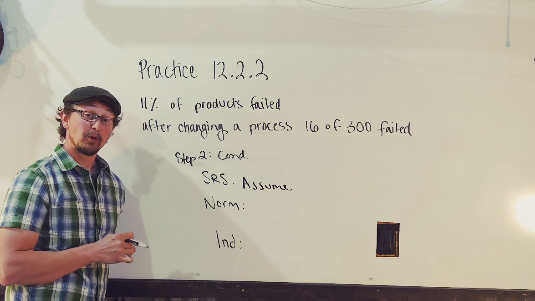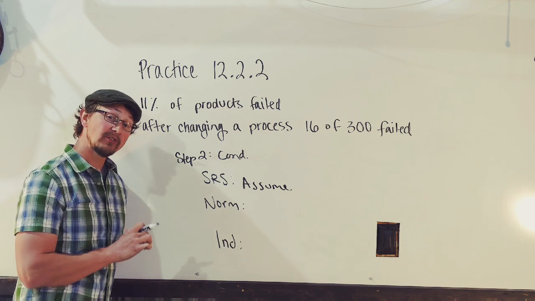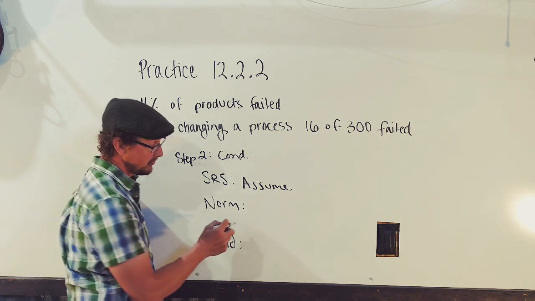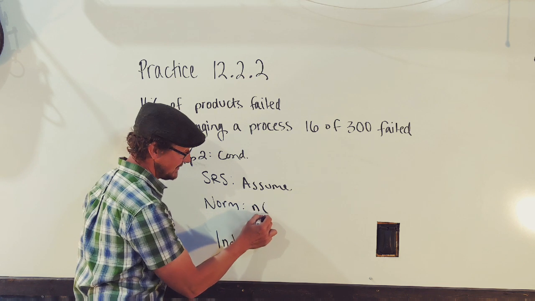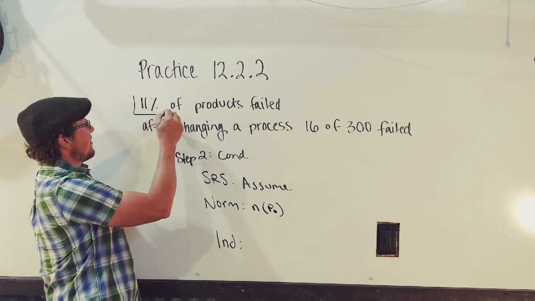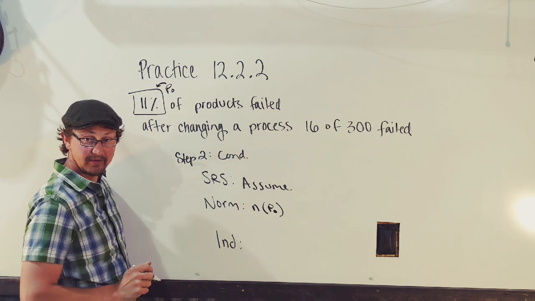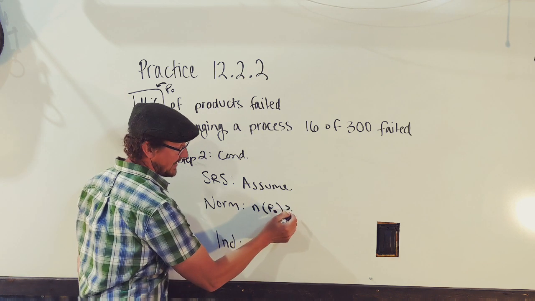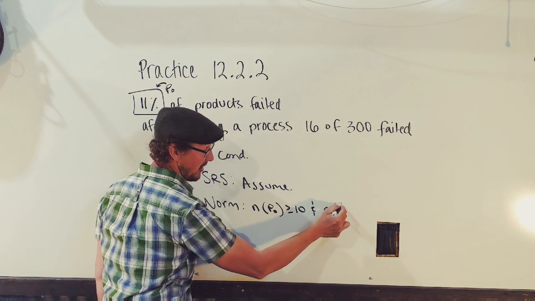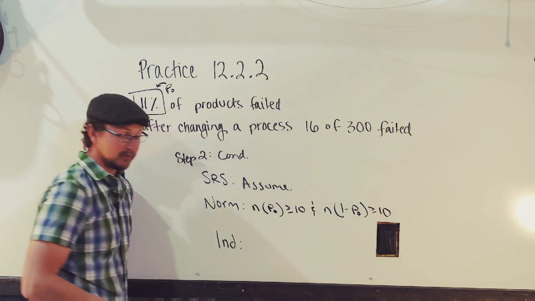For normality in a proportion problem, we don't have the central limit theorem to help us out, but we have to show that the sample size is big enough that normality is a non-issue. So if it satisfies n times my hypothesized proportion, that's this guy right here, that 11%, is greater or equal to 10, and at the same time n times the complement of that is also greater or equal to 10, then we're good to go.